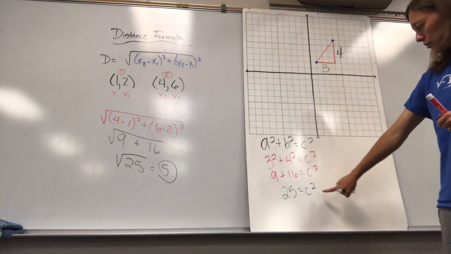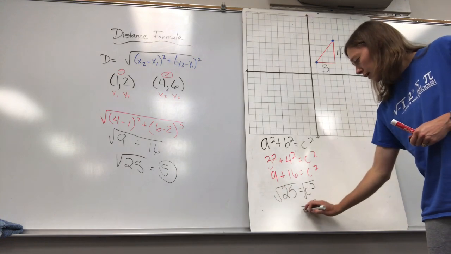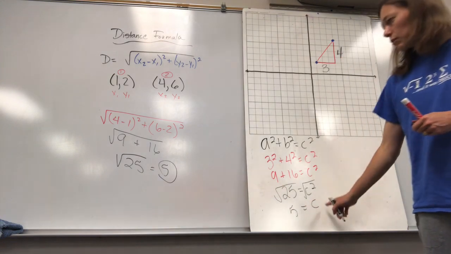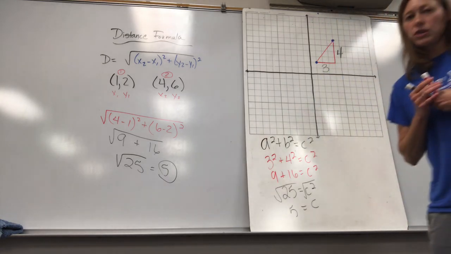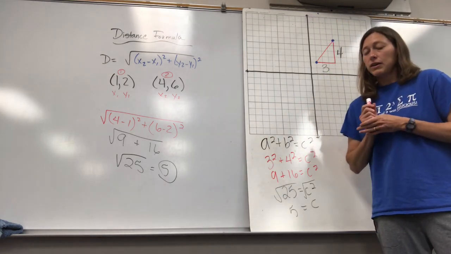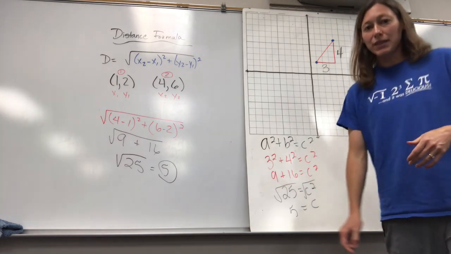Okay, and to undo squaring something, we're going to take the square root. Square root of c squared is c, square root of 25 is 5. Okay, so we figured out that c is 5 both of those ways. Okay, and usually you can use either method. Okay, so again, if that's a shortcut for you, go ahead and use it.